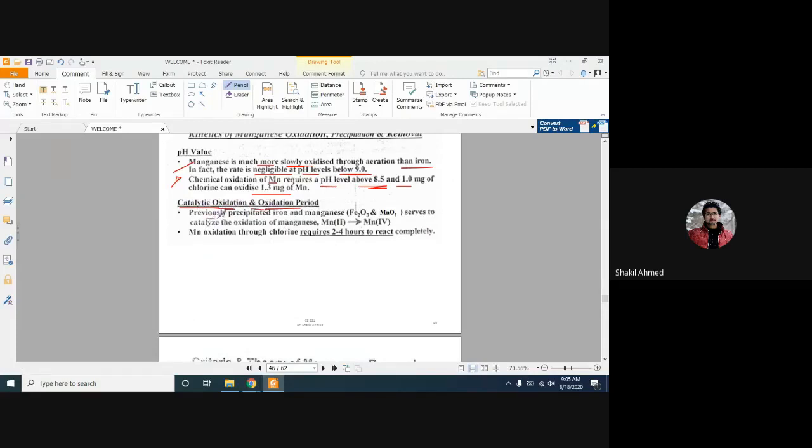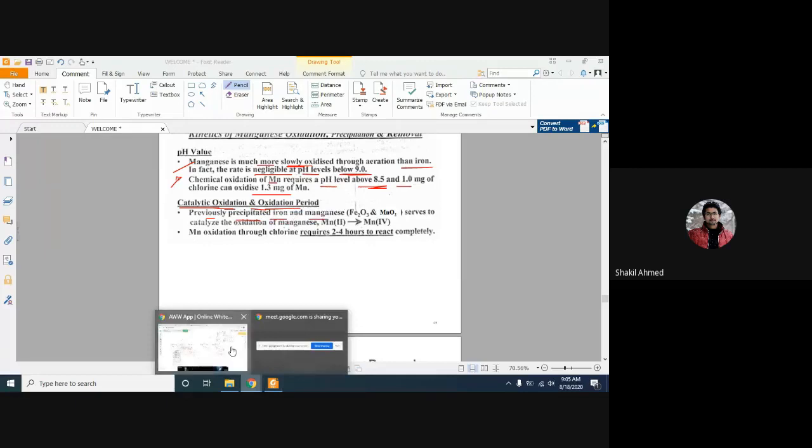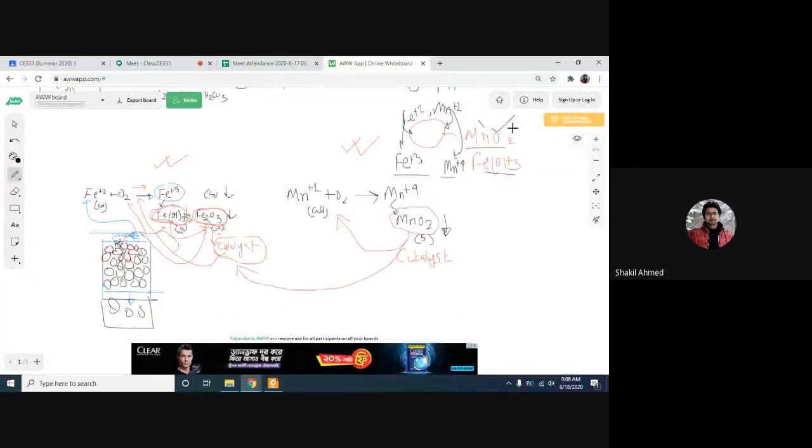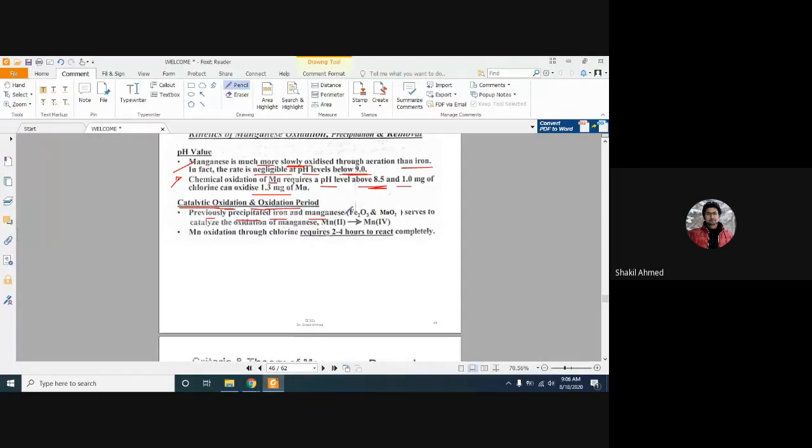So previously precipitated iron and manganese make a coating and serve to catalyze the oxidation of manganese from plus 2 to plus 4. Manganese oxidation through chlorine requires 2 to 4 hours to react completely.